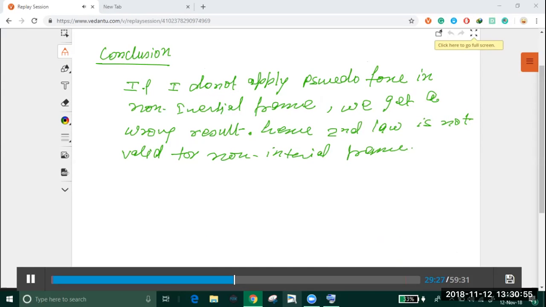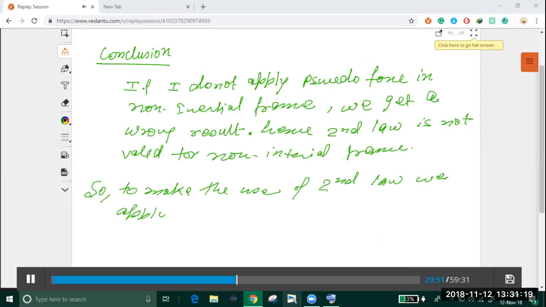So to make use of the second law, we apply pseudo force, which is opposite to the direction of the net force.